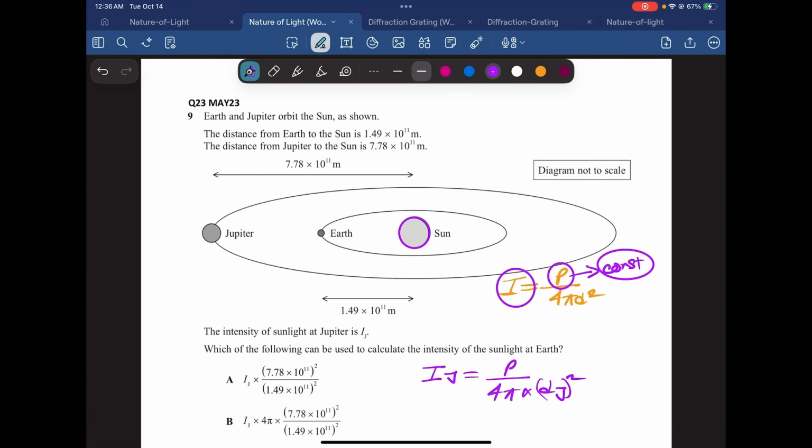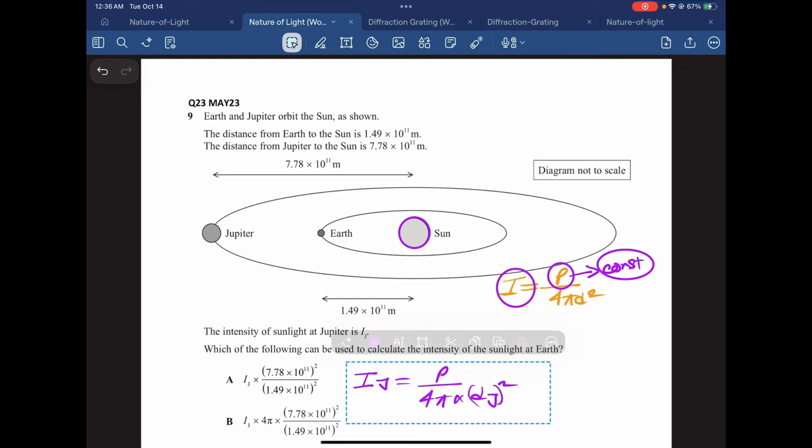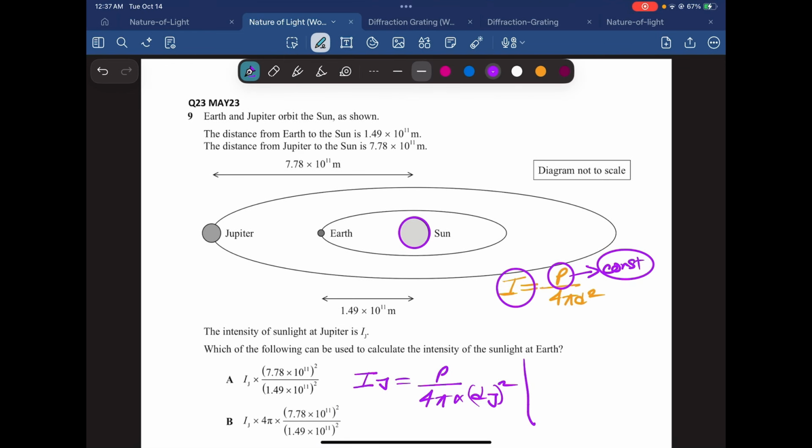And we can also write the same for the intensity of Earth. Intensity of the Earth is equal to power divided by 4 pi into distance of the Earth from the Sun squared. So we can write both of them.